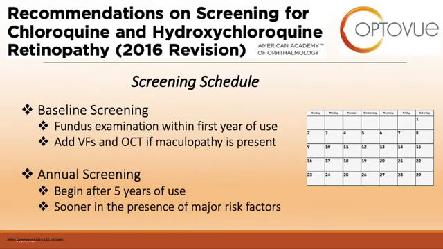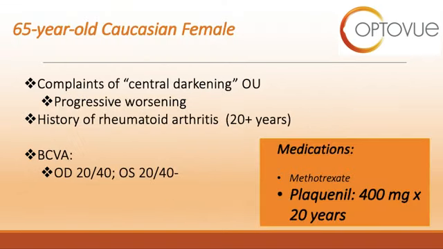Now, if the patient has concomitant risk factors, then obviously we want to watch them more closely. So let's look at an example here of a 65-year-old Caucasian female. I want to show you how we can apply the clinical guidelines to this case. She comes in complaining of central darkening of her vision that has gotten progressively worse over the years.